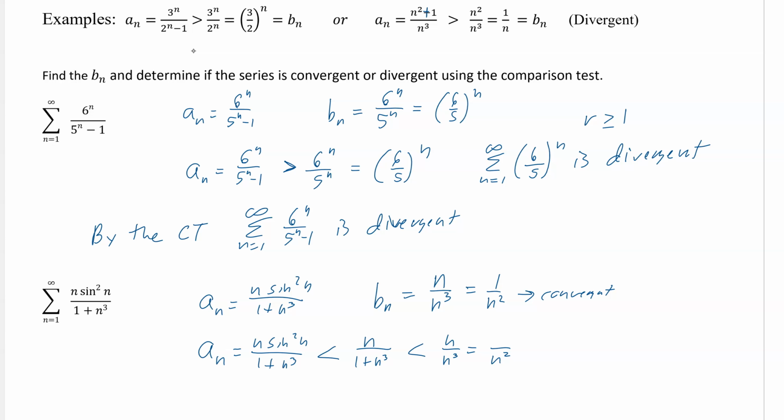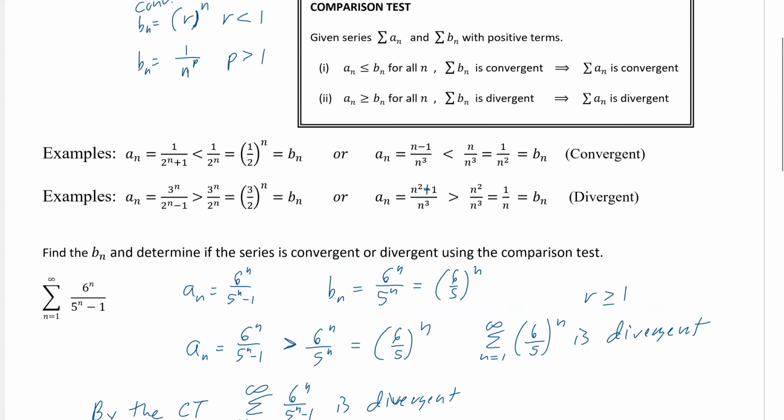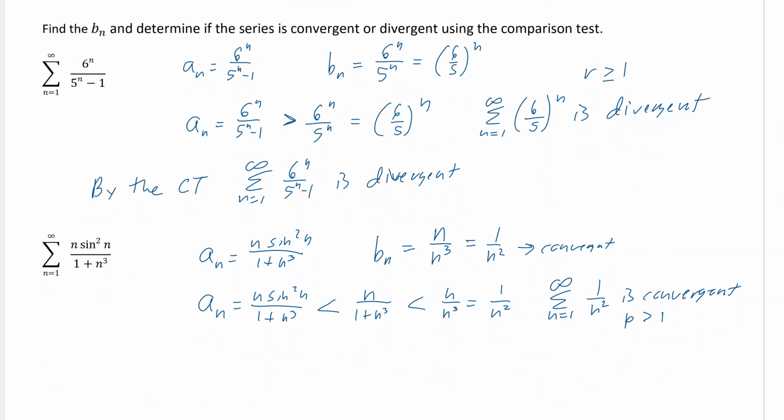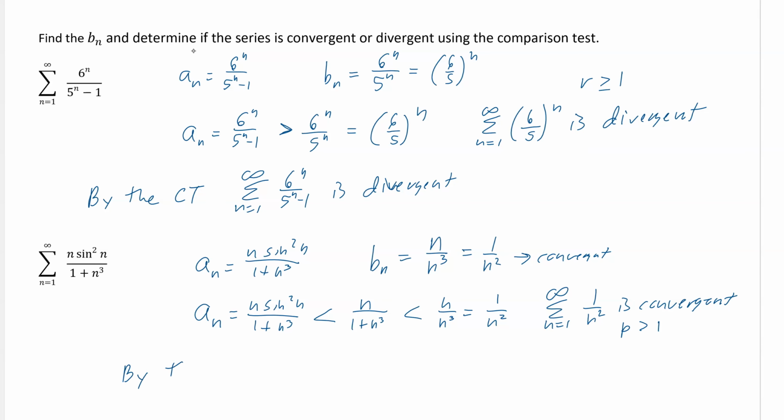Oops, it's not n, it's 1. And so we know the sum from n equals 1 to infinity of 1 over n squared is convergent because our p is greater than 1. That's what we're looking for up there, right? P greater than 1.